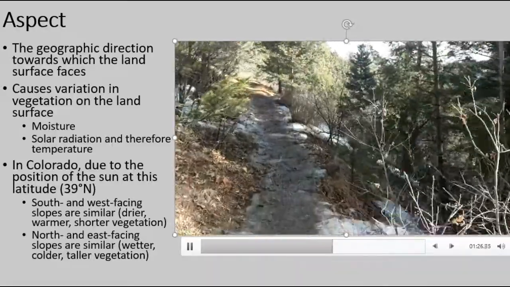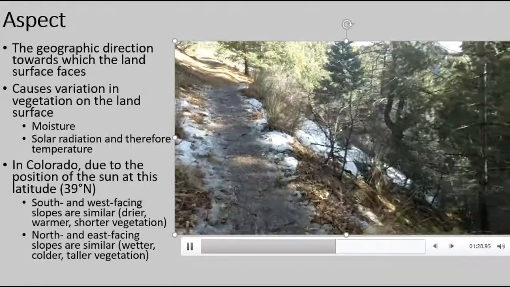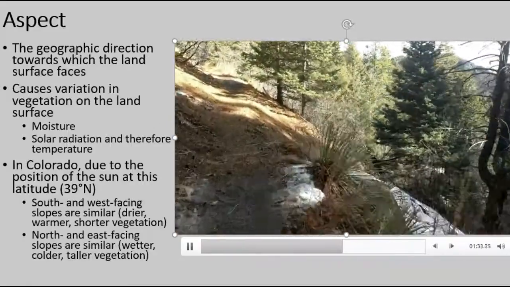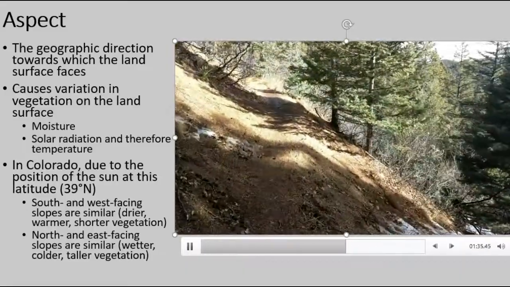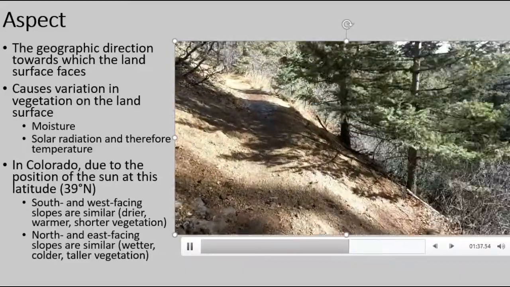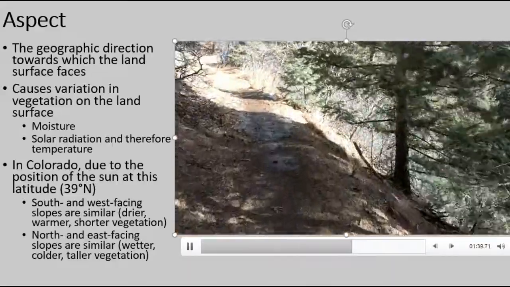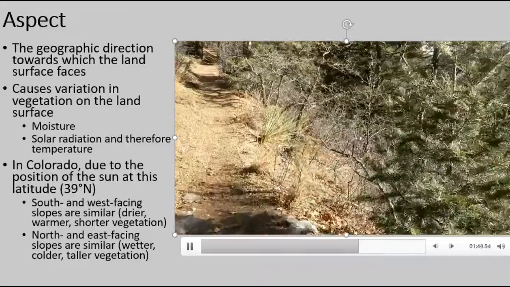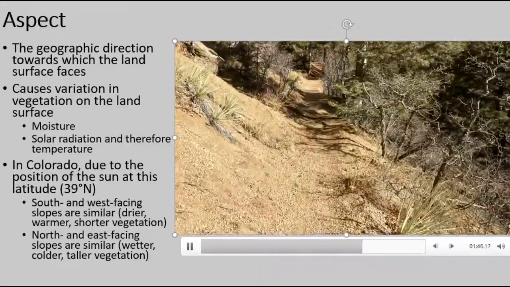Okay, notice that it's getting sunny and the snow is starting to melt. It's really slushy right there. And we're seeing that there's very little vegetation on the ground surface. See, in the other side there was grass and forbs everywhere. Now we have a lot of bare ground.